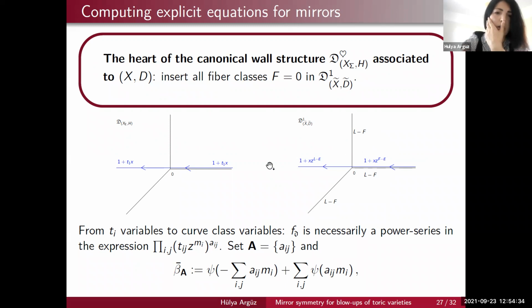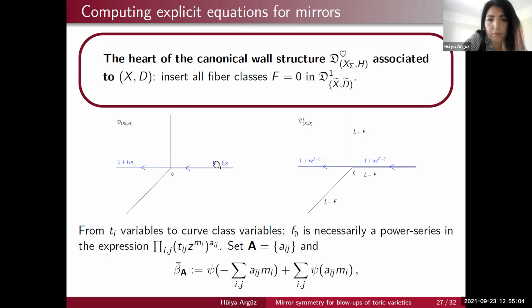And then this wall structure, the advantage of this is it's constructed purely combinatorially from the wall structure described using the classical setup of Lie algebras and stuff. So there is some work to do to describe how to pass from Ti variables to curve class variables, which is nicely explained in our paper with Mark.